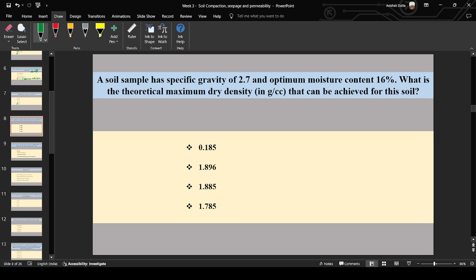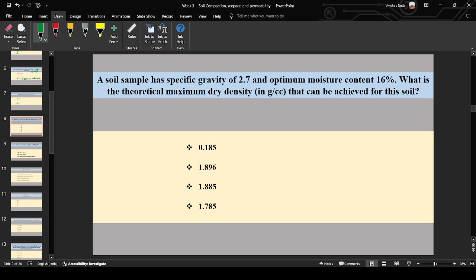Is it clear? So dry density is the ratio of the product of G and rho W divided by 1 plus Wg by S, where E equals Wg by S, that is moisture content times specific gravity divided by saturation. When rho D is maximum, S equals 1.